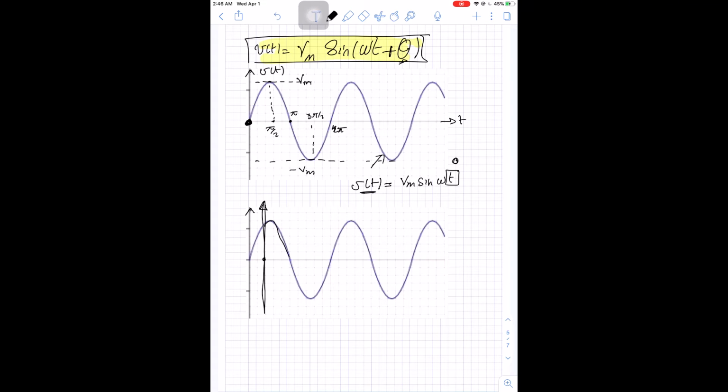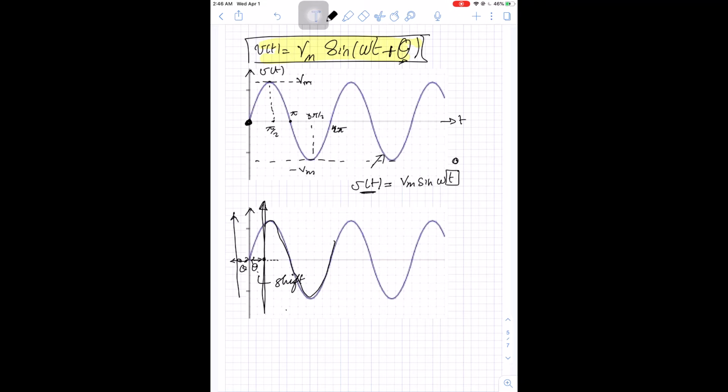This will be the voltage if your wave is shifted with a certain angle theta, and this theta, by the way, can be positive or negative. So this axis can go this way, or this axis can go this way. We call this theta the shift, or our sine wave is shifted.